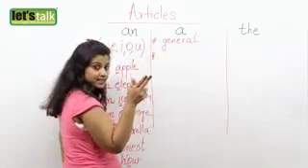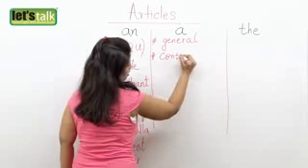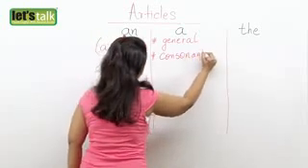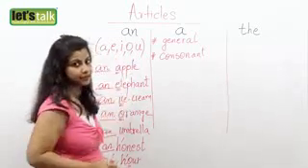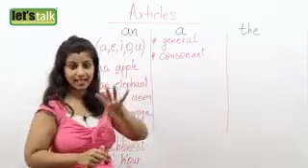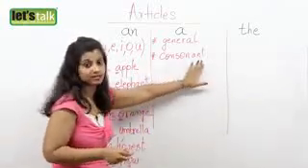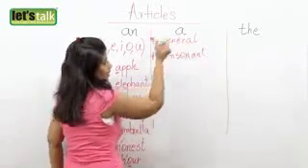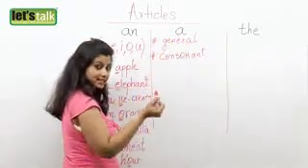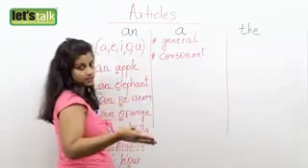Then, another easy tip to remember: consonant. Here we studied about vowels, right? So obviously, if we have 5 vowels from A to Z, the other alphabets automatically become consonants. So what we have to remember is that when I place my article A in a sentence, it necessarily has to be before a consonant.